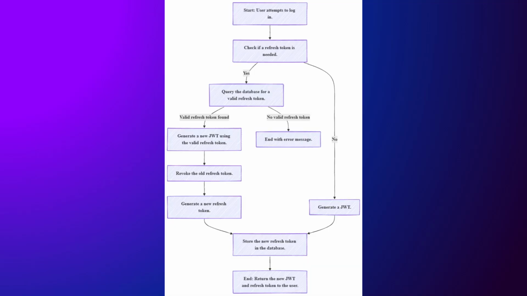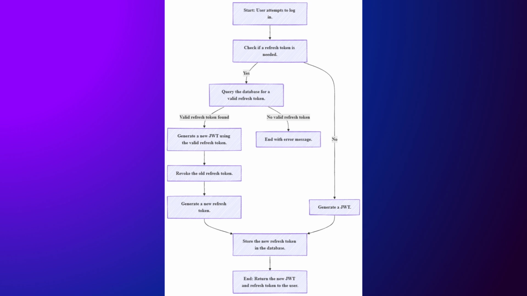Next we're going to have a look at a refresh flow. Once the user signs in, we check to see if a refresh token is needed. If it's not needed, we just hand back the JWT. If a refresh token is needed, then we query the database to find a valid token. If none exist, we return an error message.